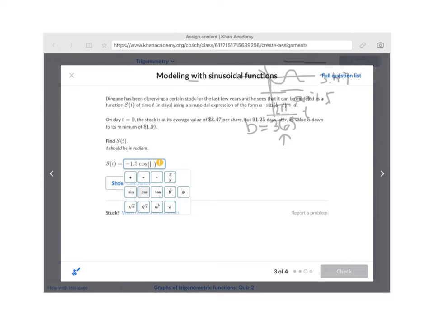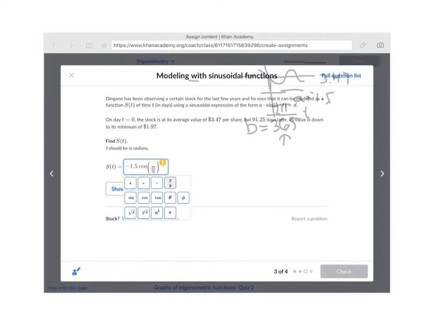Okay, that's cool. Now I need my b to be 2 pi, so I'll go to my fraction button, and I've got my 2, and then I need to pull this down. This is awkward. Pi over 365, and then I've got to move to the right, and I can put my t there.